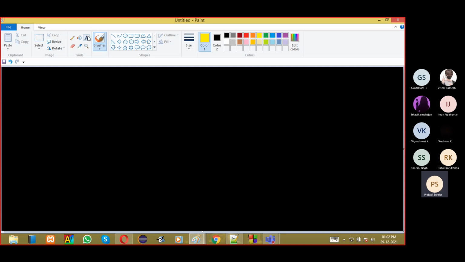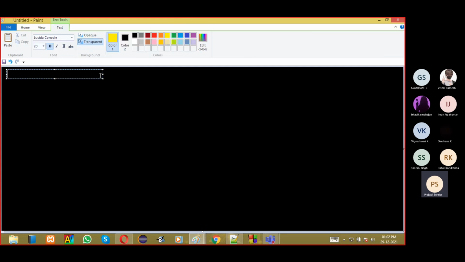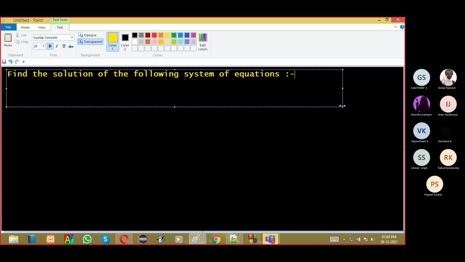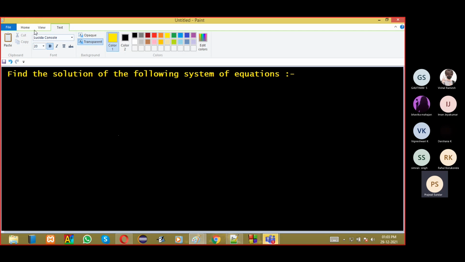Now we'll solve one question to enter Eigen map. Suppose I'm giving, find the solution. Giving a question, we'll solve this question. Give me 1 minute.